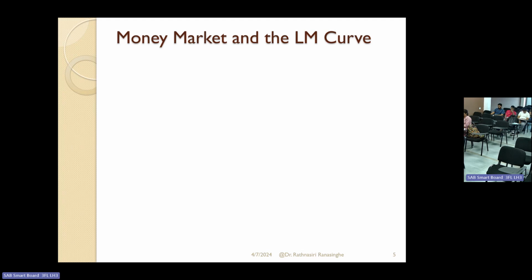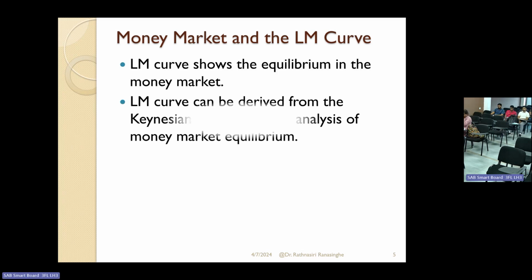Based on that, we are going to derive the LM curve. The LM curve explains the equilibrium in the money market, because L represents liquidity preference and M represents the money supply.